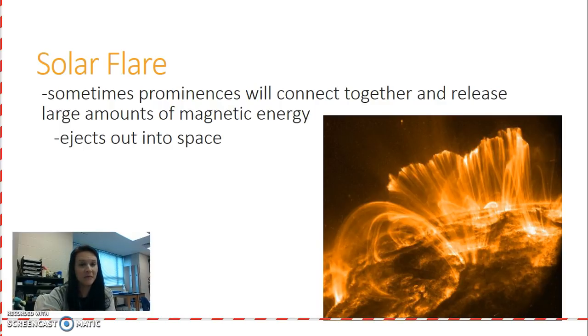Those can get more harmful because if a solar flare comes to Earth or near us, it can cause problems for our satellites and certainly for the health of our astronauts that are out in space. So NASA's keeping a careful eye on those solar flares because it could be bad for us. You don't want anything to happen to your satellites. What would you do without your phone?